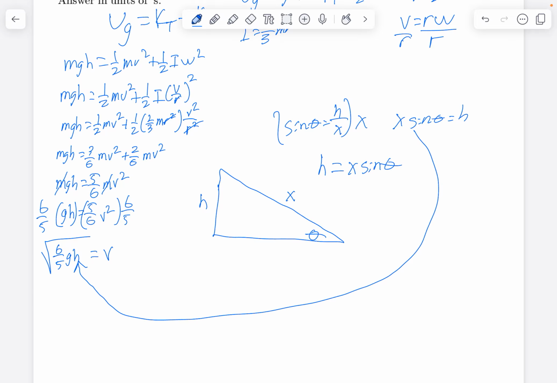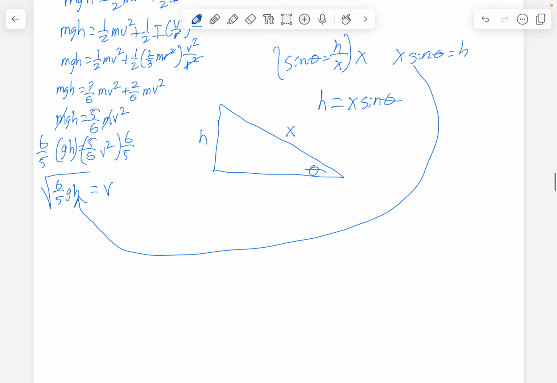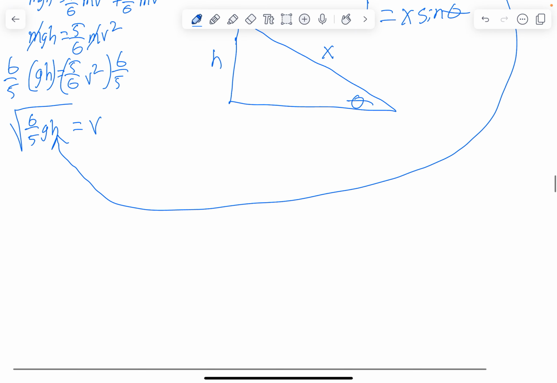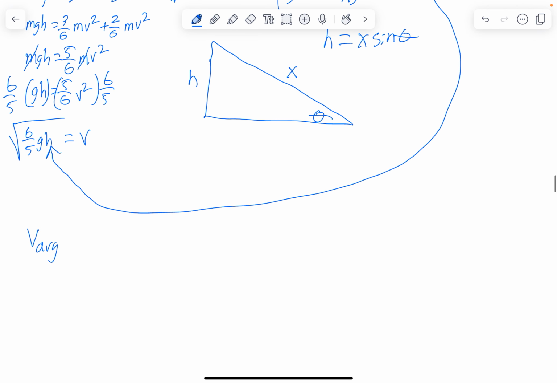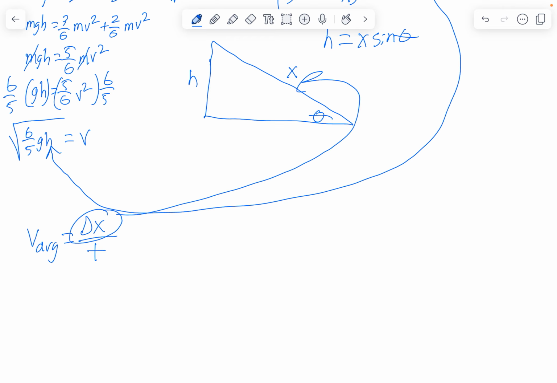Okay, so then once you solve for your velocity, unfortunately, that's not the answer. We're looking for the time it takes to travel. So with kinematics, the average velocity is equal to your displacement divided by your time. We know our displacement is x, right? It traveled that distance down.